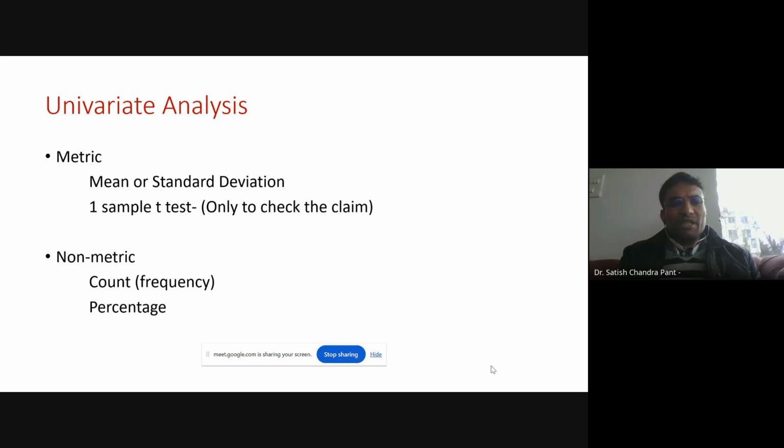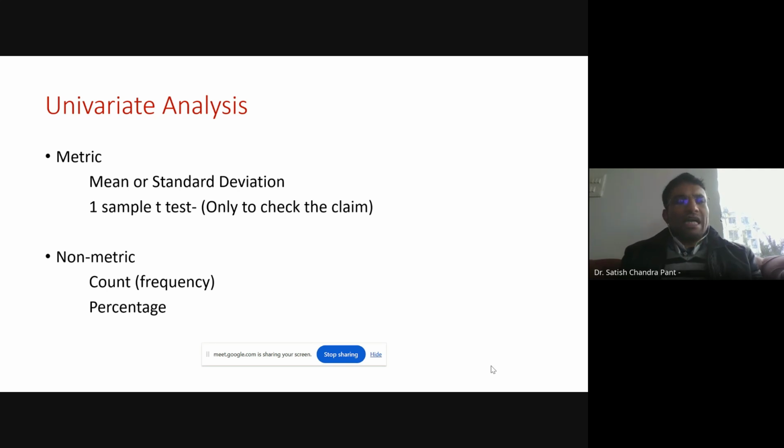Suppose you have to deal with manufacturing or production operations, and you have to identify defects in a particular lot size. 1000 products are produced in one production cycle, and you have to check the claim that in 1000 production units, your plant is giving only three defective products. You can check that claim of three defects out of 1000 samples through the one sample t-test, because here again one variable is under study.